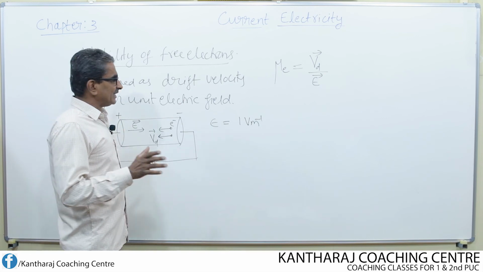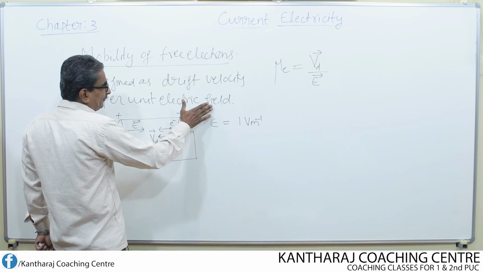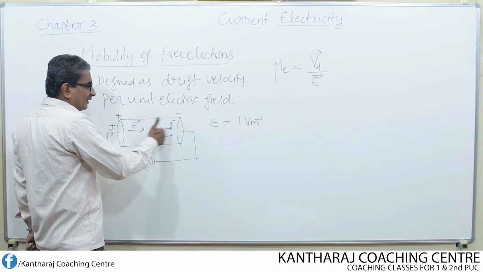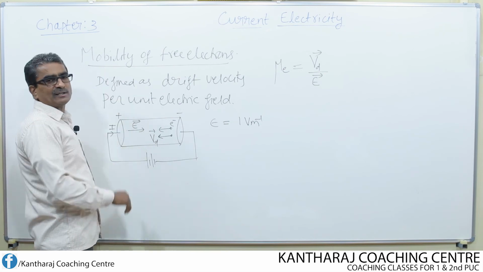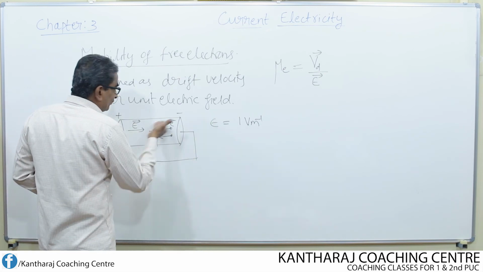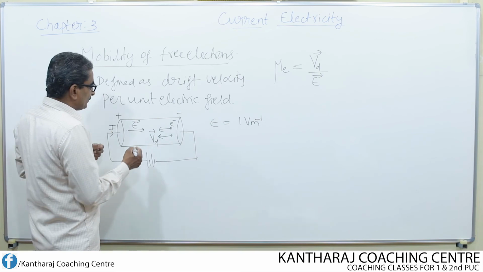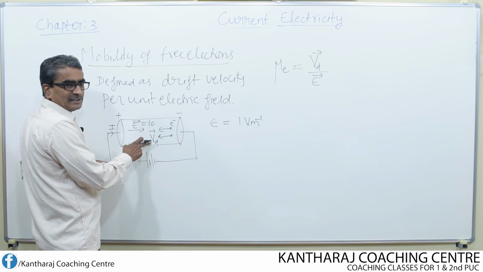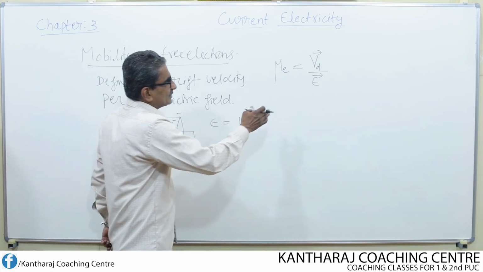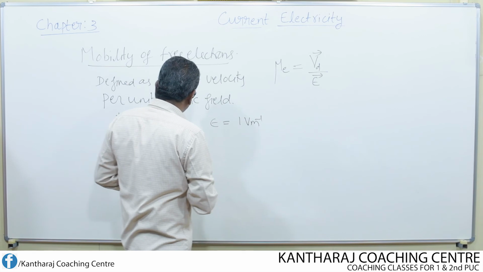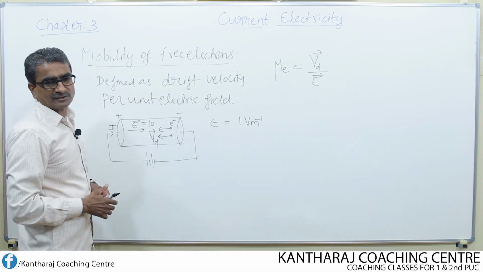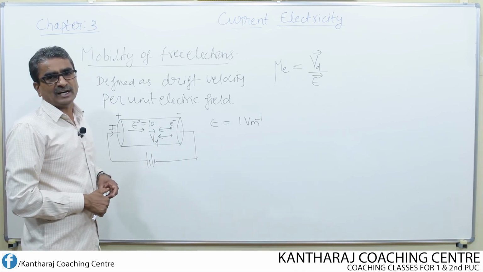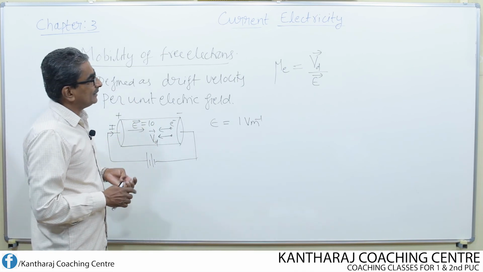Only for the definition's sake, we use per unit electric field, what is the drift velocity. Suppose I want to find the actual drift velocity, then I have to consider the actual electric field. This electric field may be greater than 1 unit. Suppose this electric field is about 10 units, then corresponding to this, whatever drift velocity the electron possesses, the ratio of drift velocity to that electric field becomes the mobility of the free electrons. So if we change E, drift velocity Vd also changes.